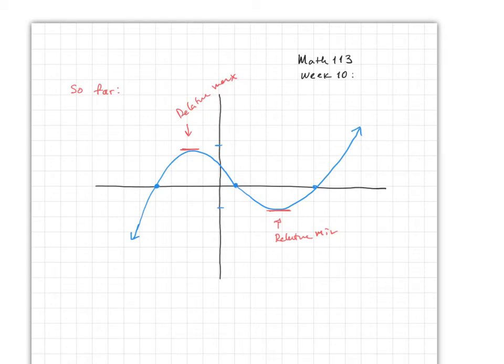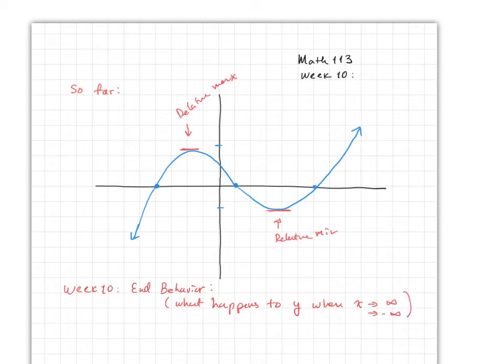end behavior. So for this week, for week 10, we're going to focus on the end behavior. And end behavior is just a fancy way to say what happens to y when x goes either to infinity or minus infinity.